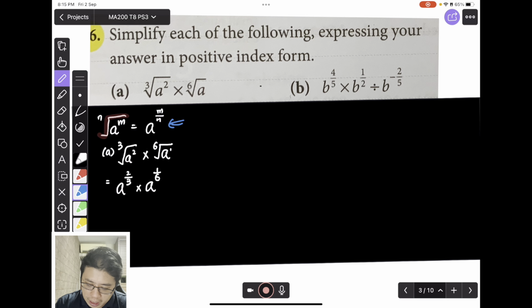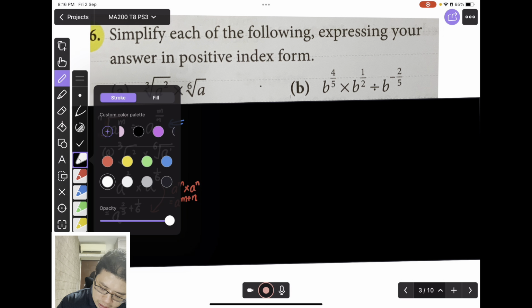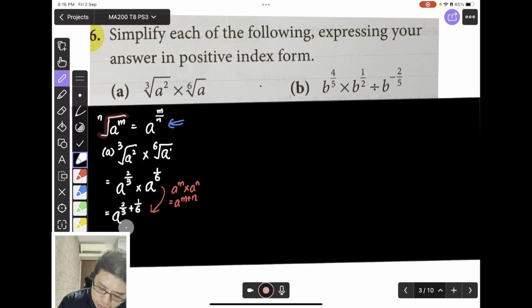Then from there, this is the same as a to the power of 2 over 3 plus 1 over 6, right? Since here to here we know that a to the power of m times a to the power of n is just equal to a power m plus n. Now using your calculator to simplify this, this will just give you a to the power of 5 over 6.